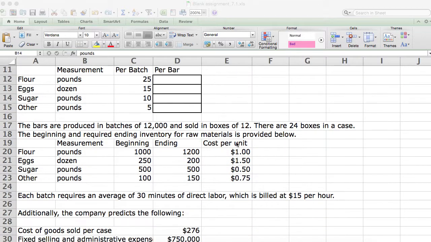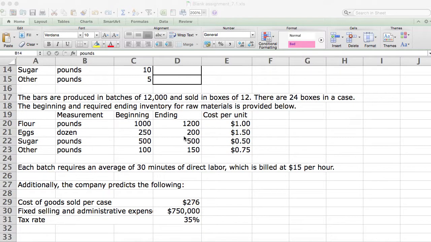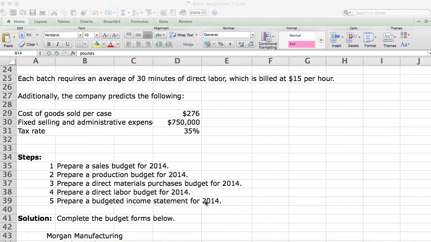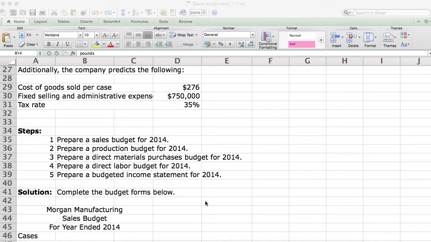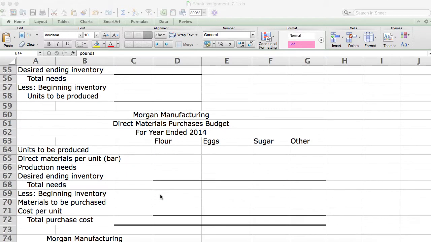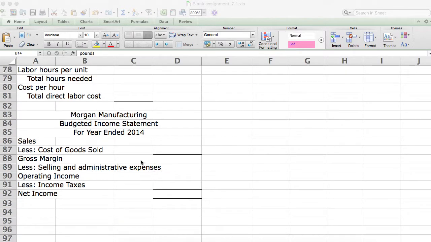Our cost of goods sold is given to us in row 29. It tells you exactly what the cost of goods sold is per case. You'd multiply that by the number of cases that you're planning to sell. So it's the revenue less the cost of goods sold that gives you your gross margin.